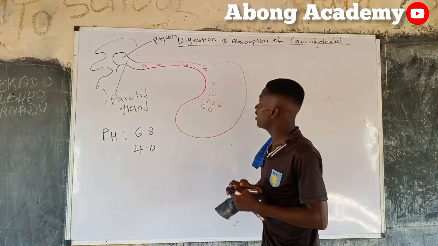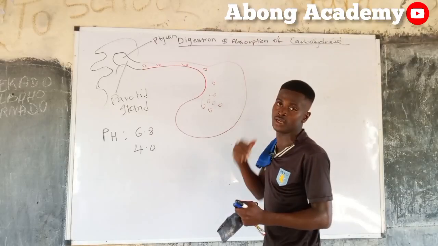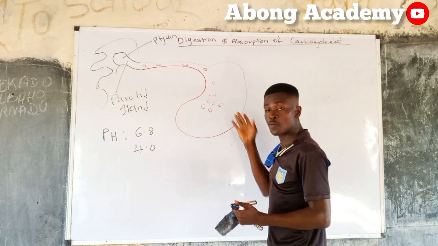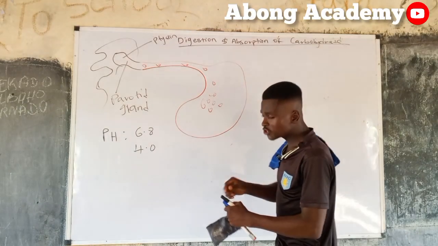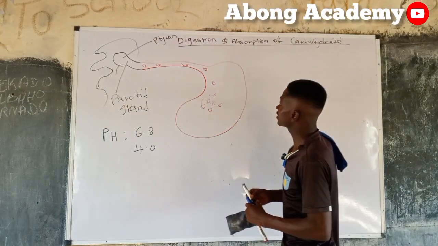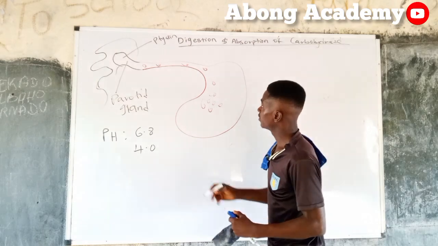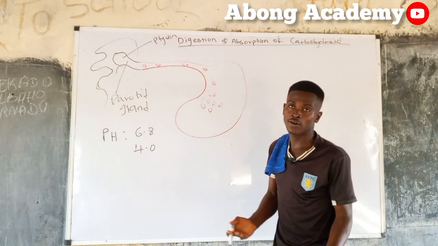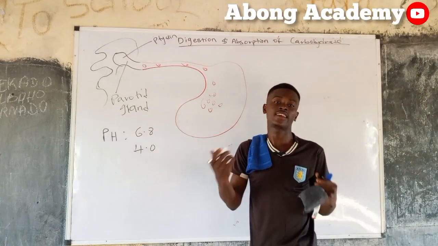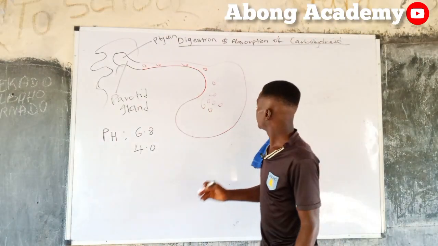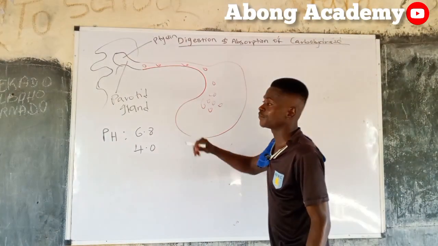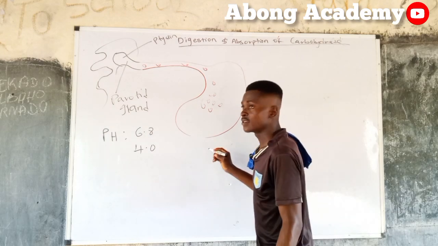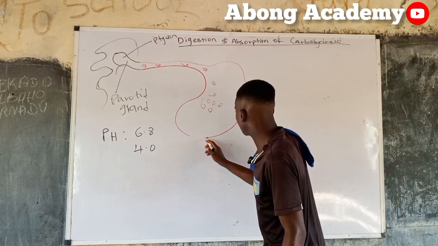Now this salivary amylase action continues down to the stomach. Due to the acidic nature of the stomach, the ptyalin, which is the salivary amylase or the alpha amylase, becomes inactive. Now, the second phase of carbohydrate digestion continues in the small intestine.